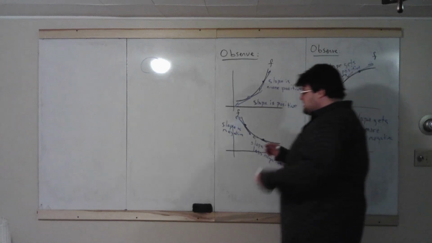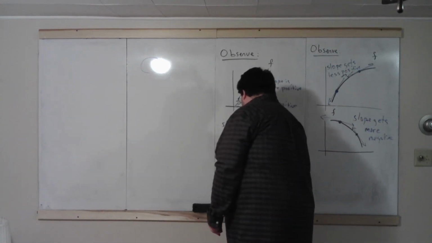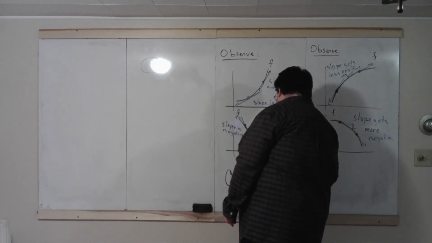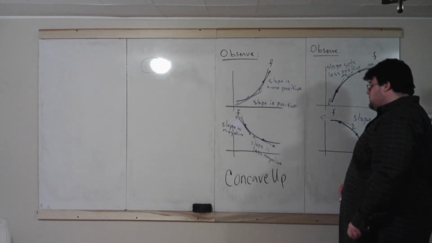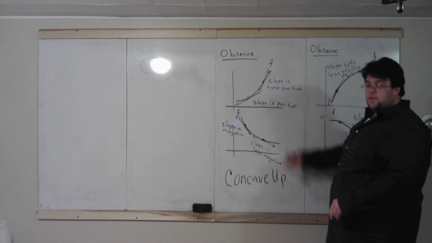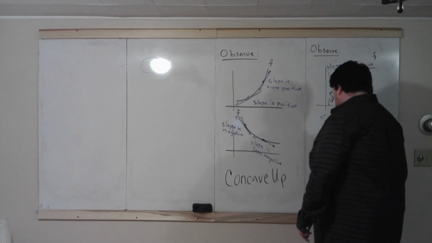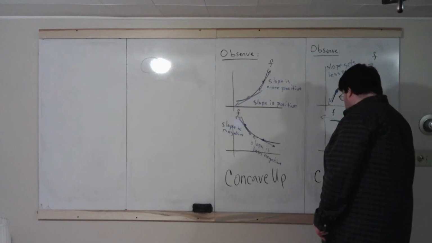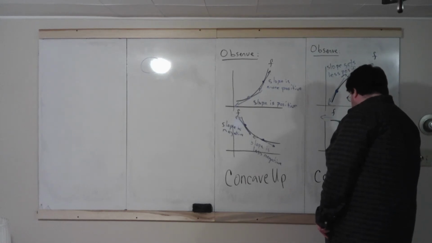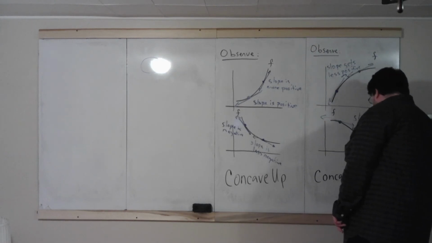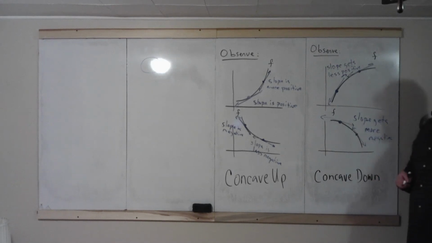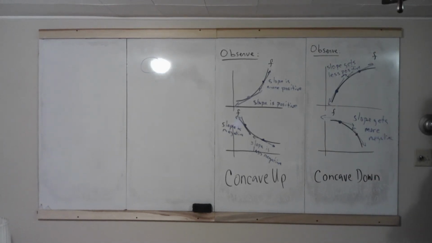This first situation, we're going to define as concave up. When one of these two happens, the function will be concave up. And in this other case where the slope is changing in a negative way, we're going to call it concave down.